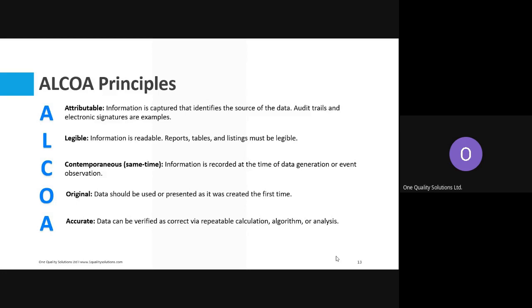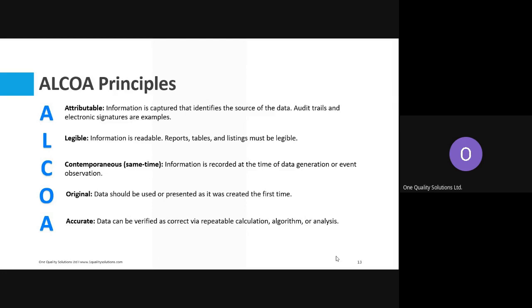Somehow the pharmacy technician at the dispensary can read it, but it is difficult for us. As per ALCOA, that is not legible. So in our pharmaceutical industry, we should write information following this legible criteria, so anyone can read the information and the data.